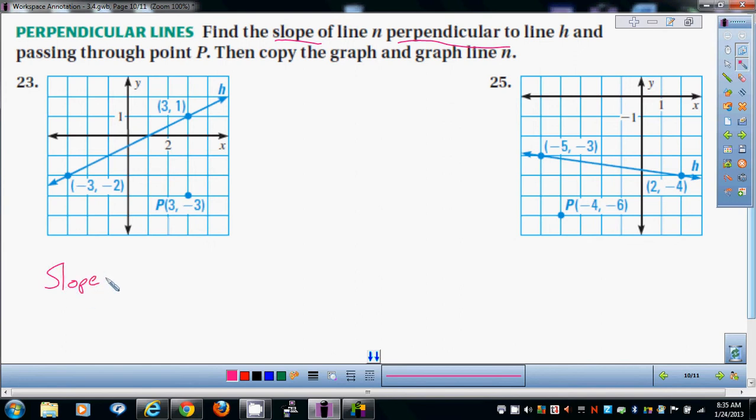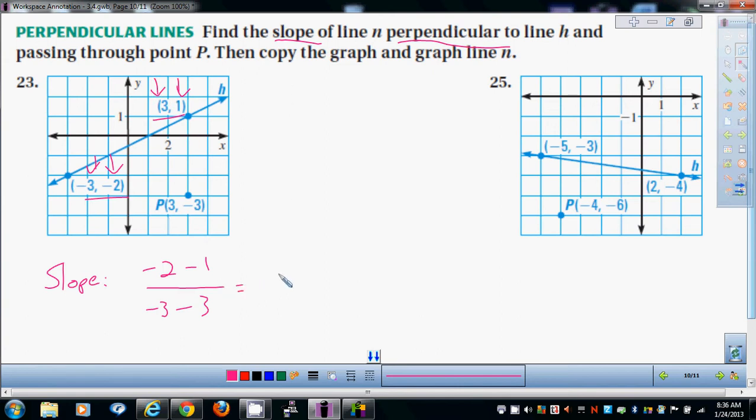Over -3 minus 3. Equals -3 over -6. And what did you get that to equal? 1/2. That's what I got too.